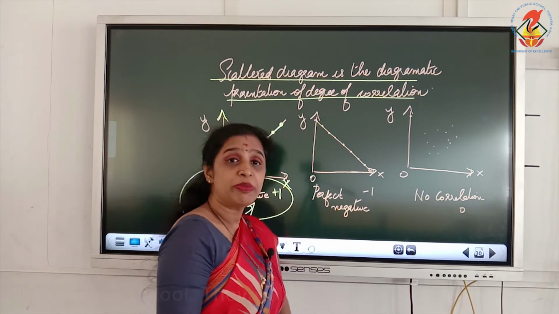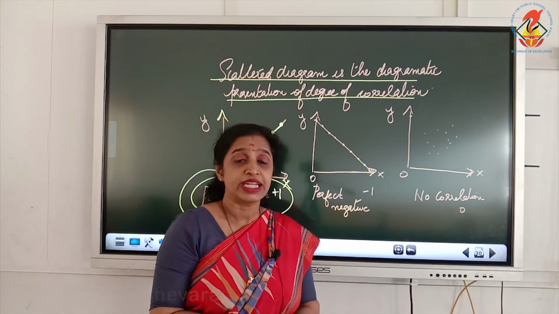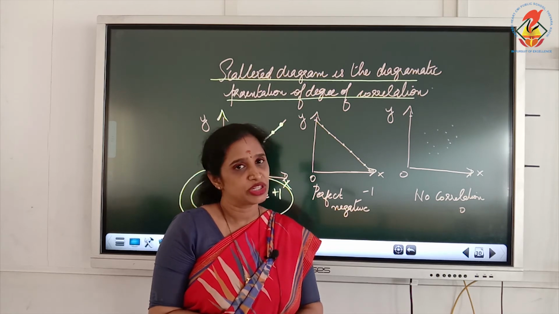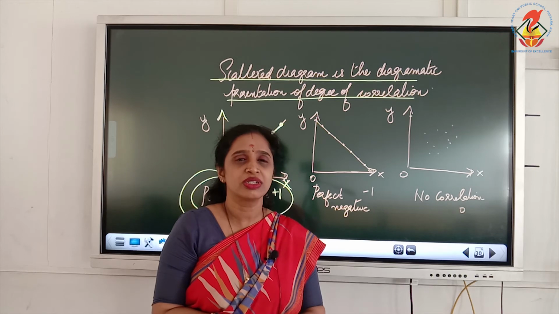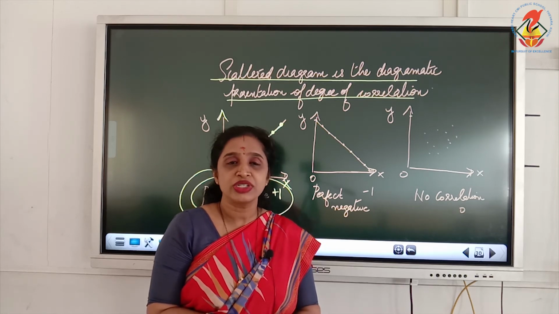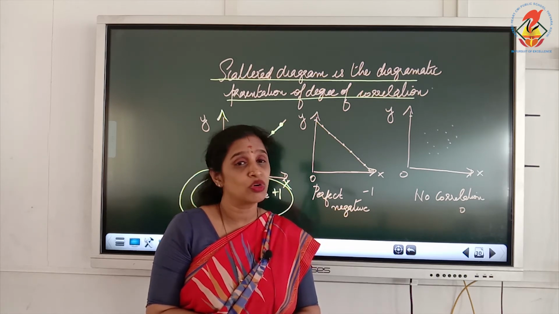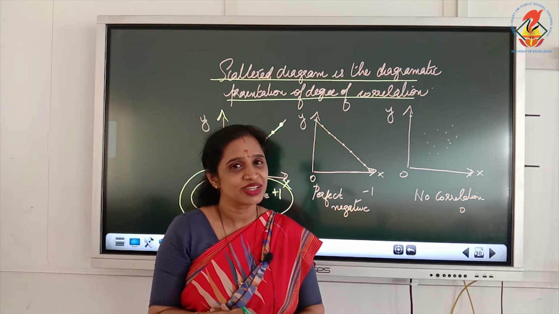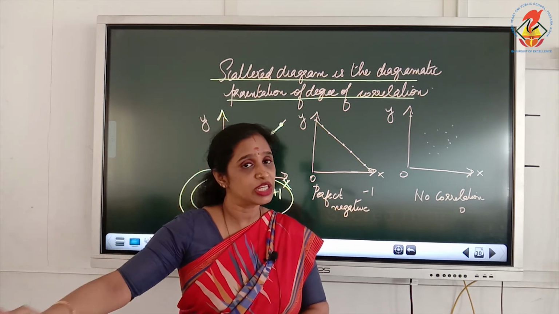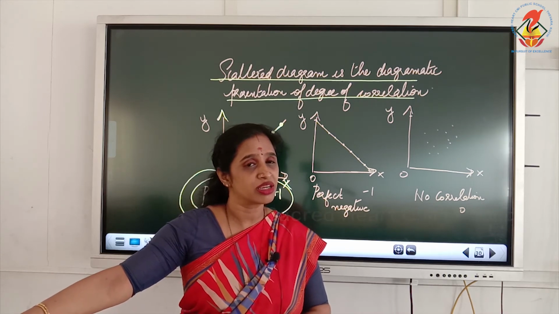Now what will be perfect negative then? Negative correlation means, when two variables are moving in opposite directions, it is known as negative correlation. Demand and price both are moving in opposite directions, isn't it? So it will be a negatively sloped curve. Just think about the demand curve.